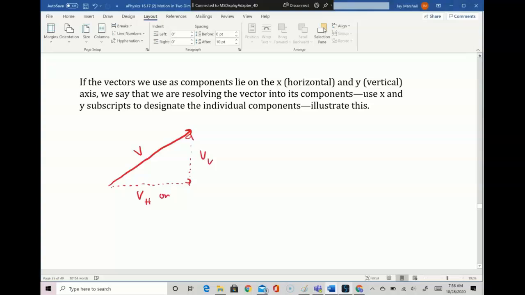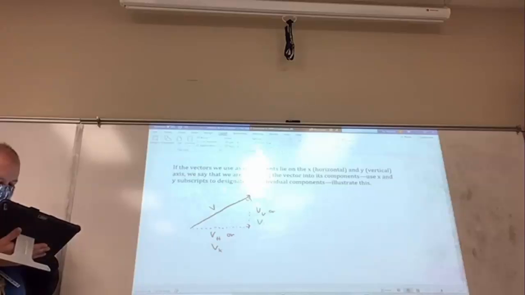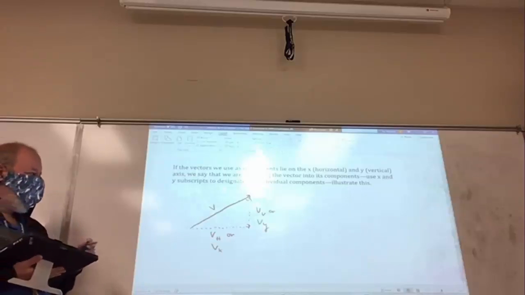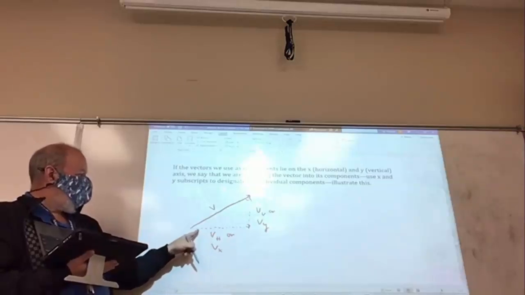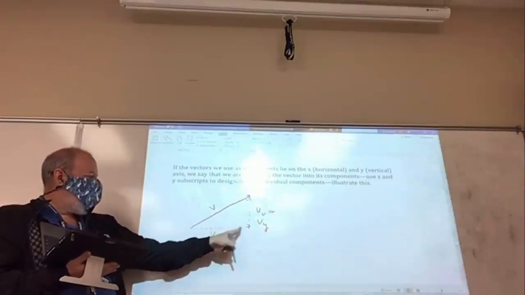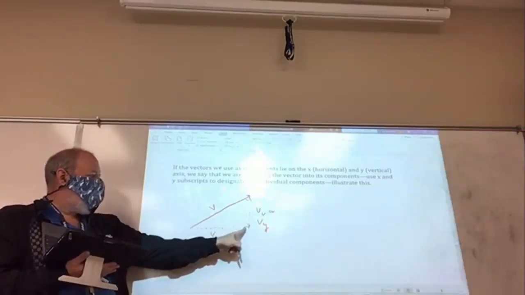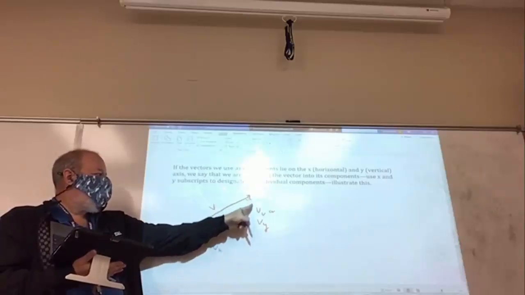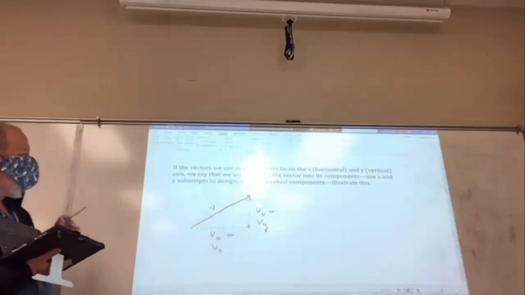Or I would also call this a component in the x direction, and this a component in the y direction. So this is the horizontal component or the x component, and this is the vertical component or the y component.